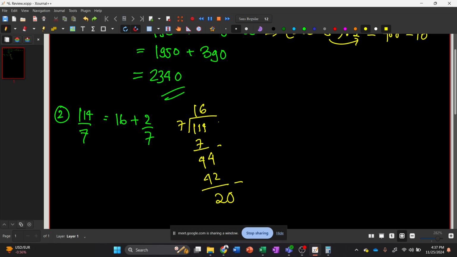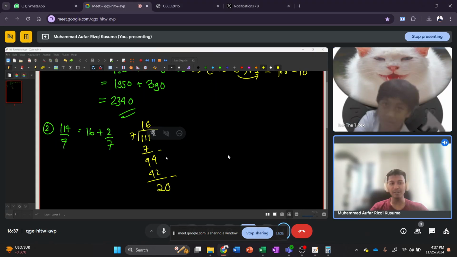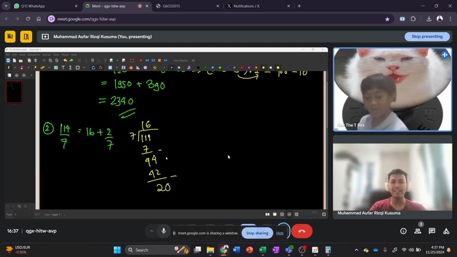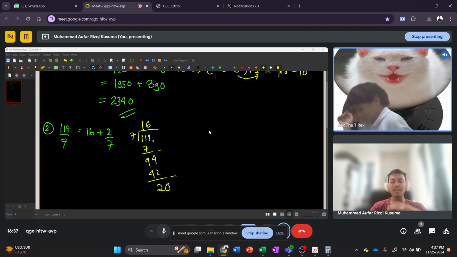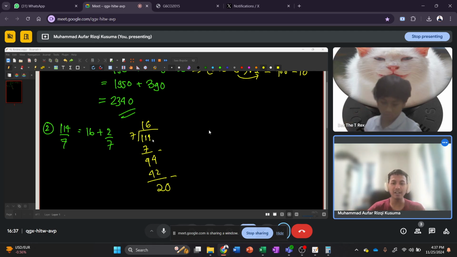We do that if we borrow zero at the beginning. We borrow zero after we do some sequence, after we do some reduction, we subtract and so on, and then we land zero in the middle.